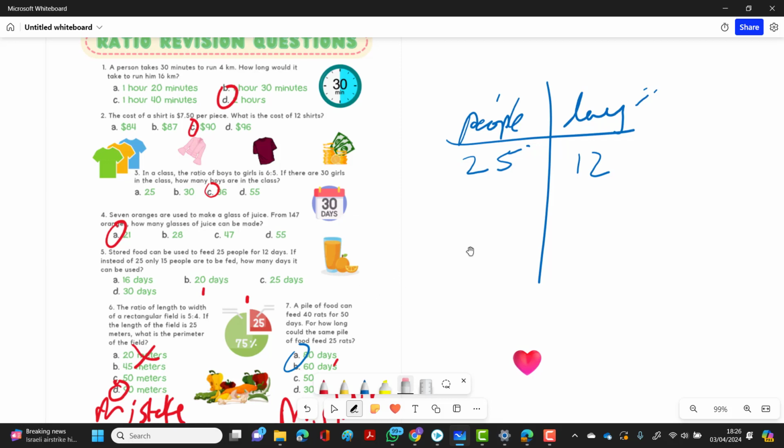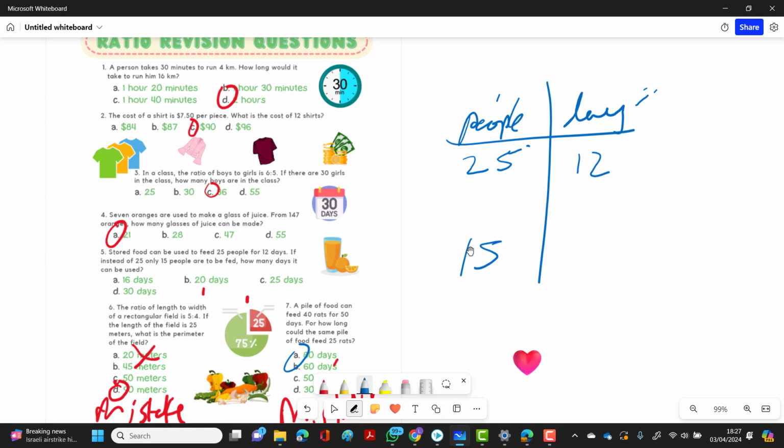And then instead of 25, you have 15 people. Now this is an example of inverse ratio. If only 15 people are fed, that means there's more days rather than fewer days.